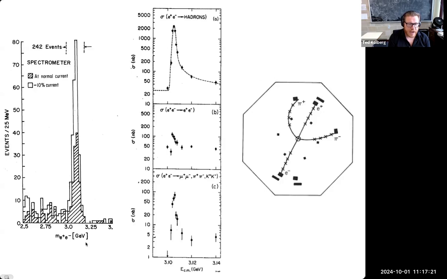But they did see an enhancement of the rate at 3.2, which wasn't present at 3.0. That is, this ratio 2 jumped up to 2 point something when you went above 3, and that sort of encouraged them to further investigate this region.